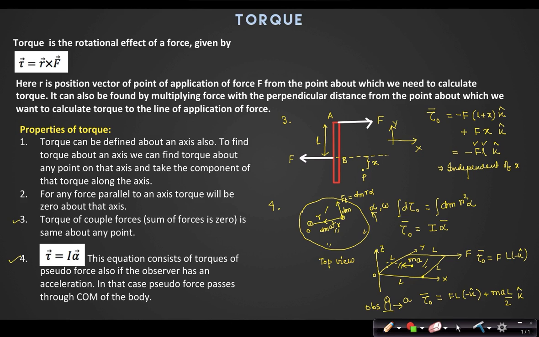Last year, JEE Advanced asked a very similar question, only they asked for the torque of the forces about this point. There were two observers in the question, and students made the mistake of solving with the observer moving with acceleration, calculating the torque about that observer taking pseudo force into account.